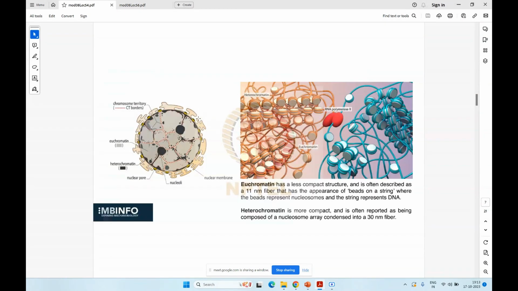So this is what an interphase nucleus looks like. It's all condensed, and you can't differentiate between two different chromosomes.